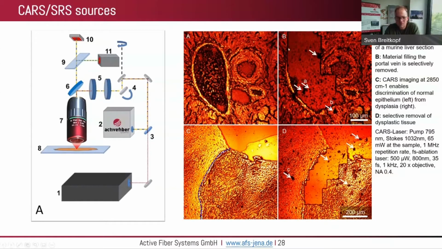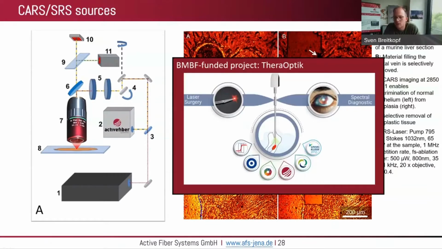And you can directly use the same system, but of course a different laser that goes through the same fiber to remove this part of the tissue. And this is very promising to reduce the time frame the doctor needs to treat the patient for such cases. But of course, this is in a very early stage at the moment, and we're currently working on it together with the clinic in Jena and a couple of other partners to get this done within the next years.